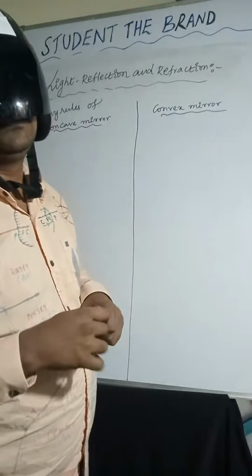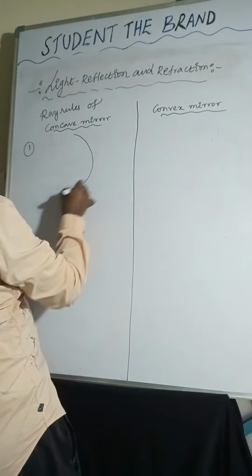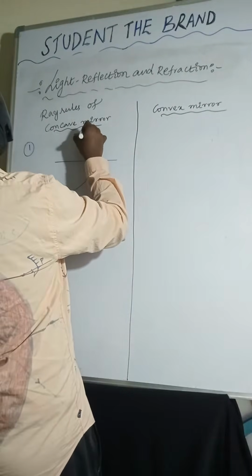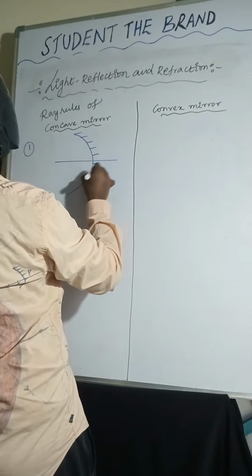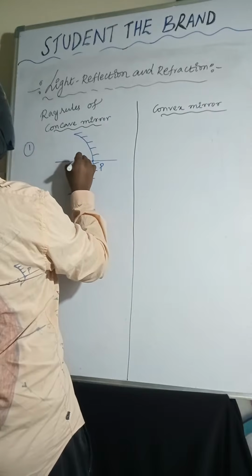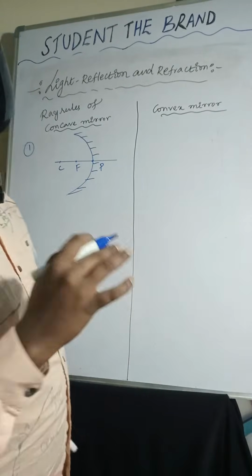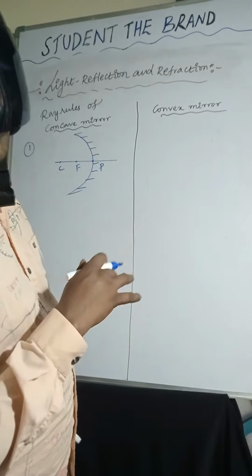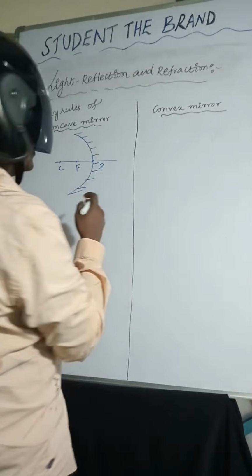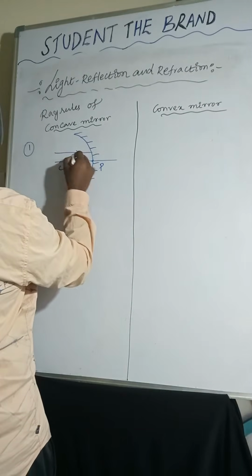So concave mirror, first one. Here I am considering the pole, focus and center of curvature. Light ray is coming from infinity; after reflection it passes through focus.